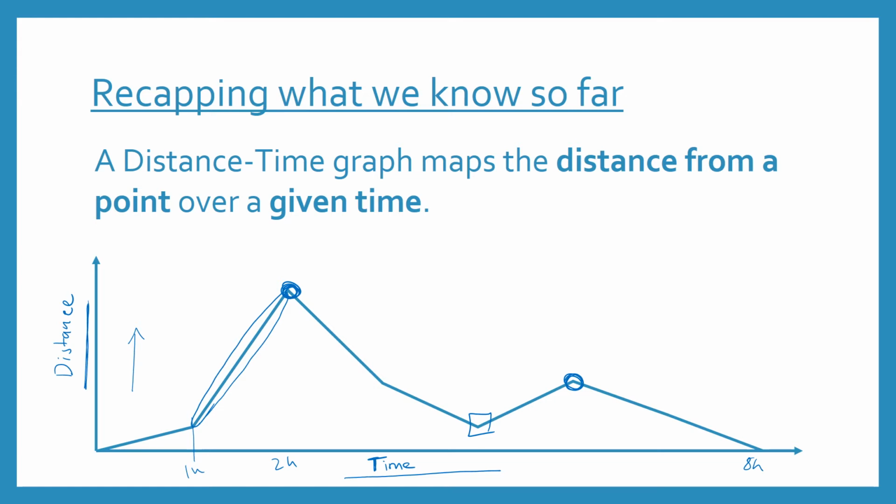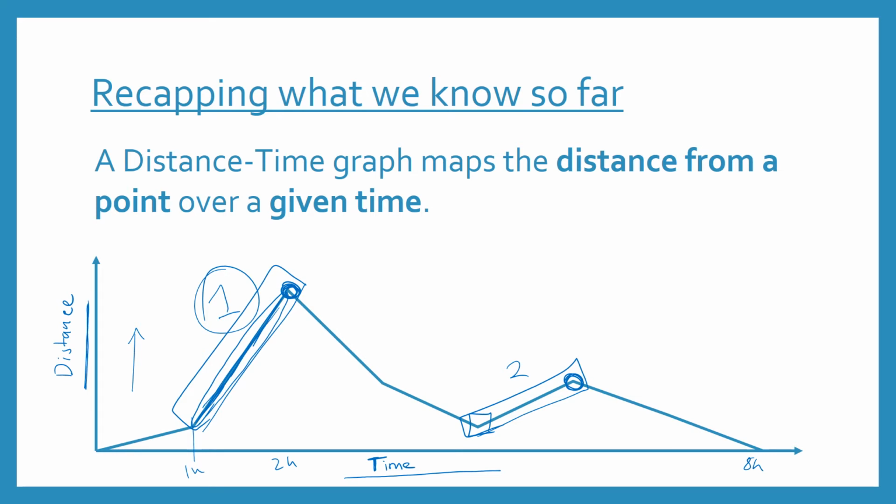The tilt of this space here and this space here, I might label this 1 and this one 2. Now which one are we moving faster during? So we're moving faster at 1, so it's this part here, because it's a steeper gradient. So we're moving further away at a faster distance.